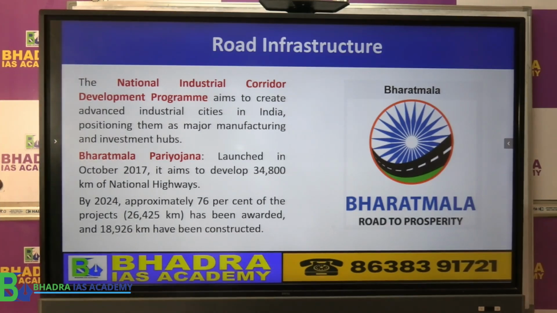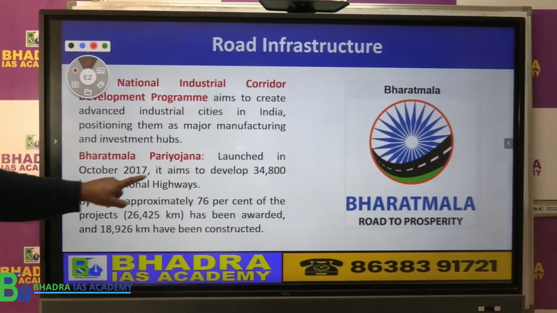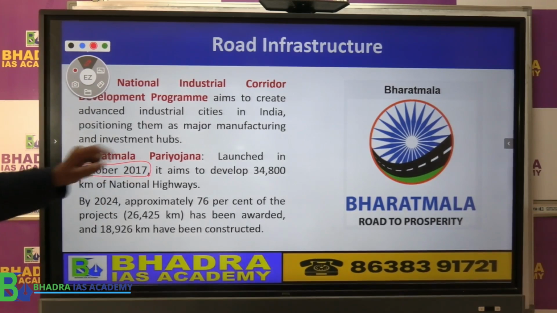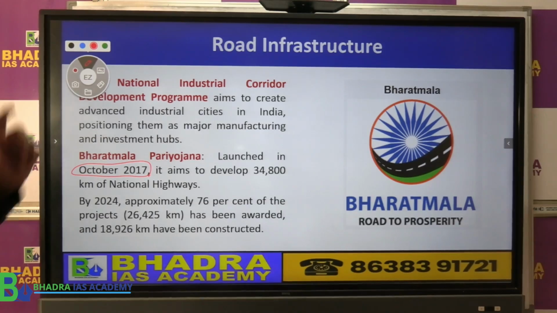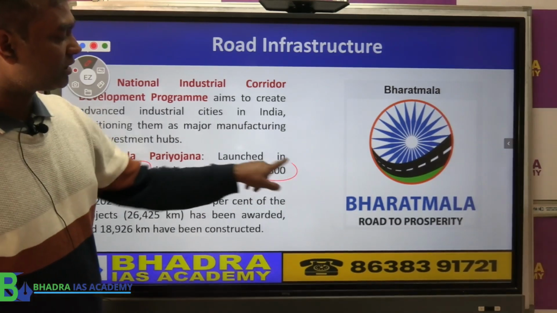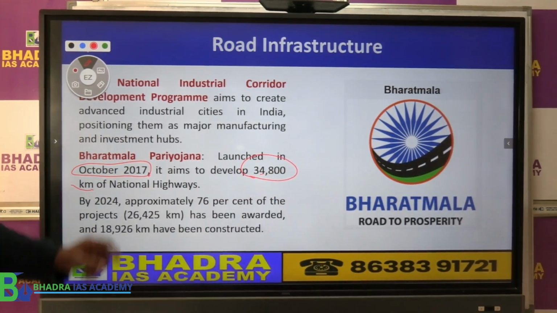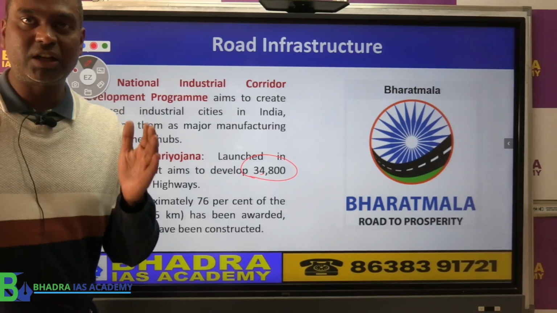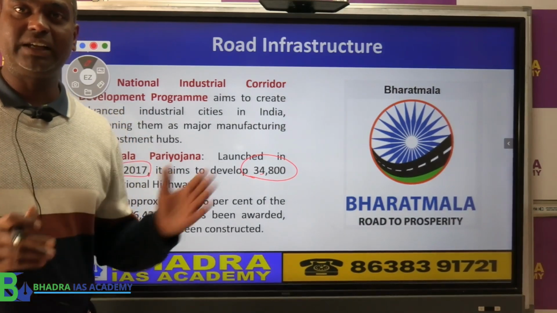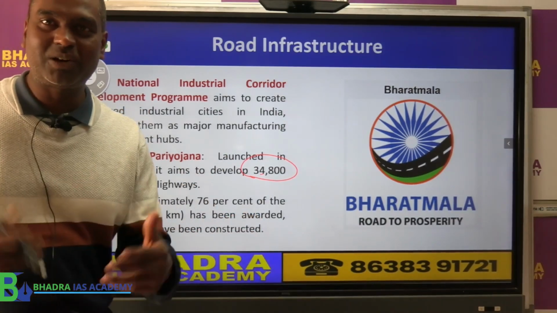Now what is the Bharatmala project? The government announced this Bharatmala Pariyojana, launched in October 2017. Under this scheme, the government targeted to construct 34,800 kilometers of national highways. The economic survey says most of it is already done.